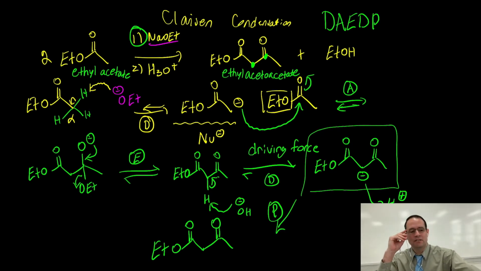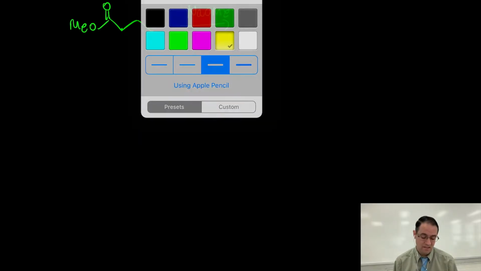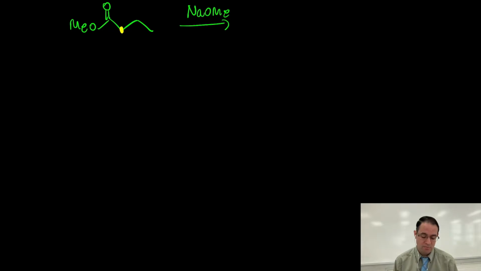Now, as you can imagine, you can take any ester you want, okay? You can take something with maybe 3 or 4 carbons, okay? And treat this with sodium methoxide, okay? And you need to plan ahead what you're going to be doing, okay? So here's the alpha carbon, and remember that that's going to be the nucleophile.